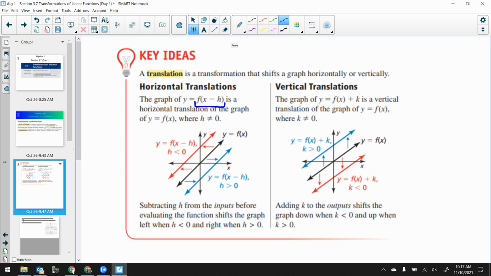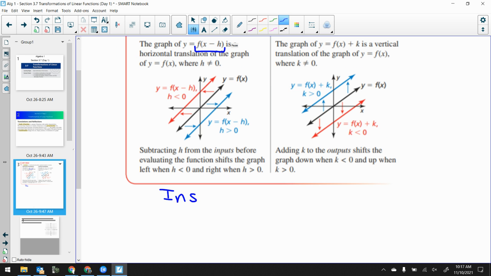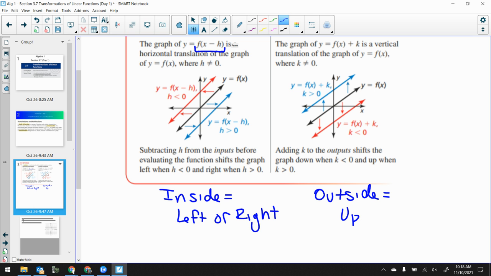If it's inside the parentheses, it's a shift left or right. And I'm going to write that underneath here. Inside equals left or right. Outside is up or down.